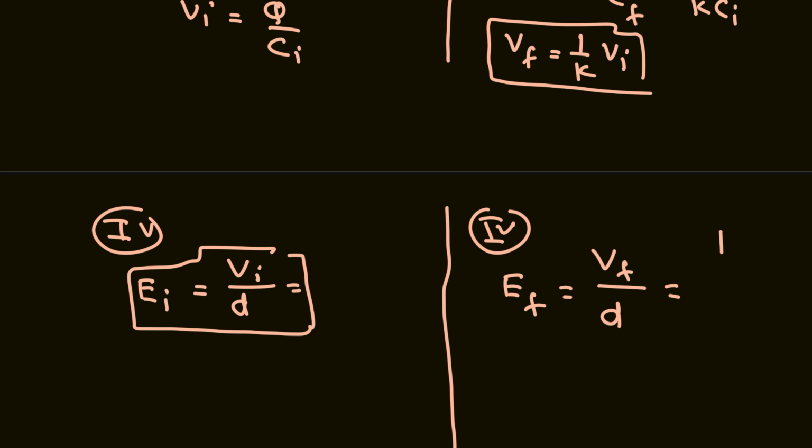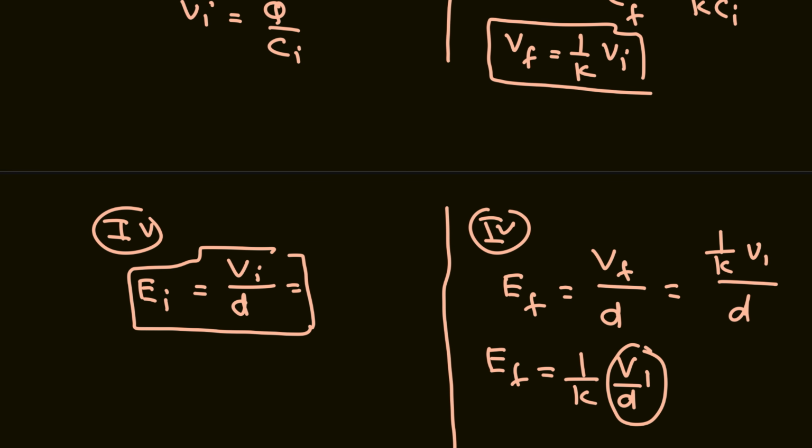Then V final is 1 upon K times V initial, so the final electric field is 1 upon K times V initial by D, and V initial by D is nothing but the initial electric field.